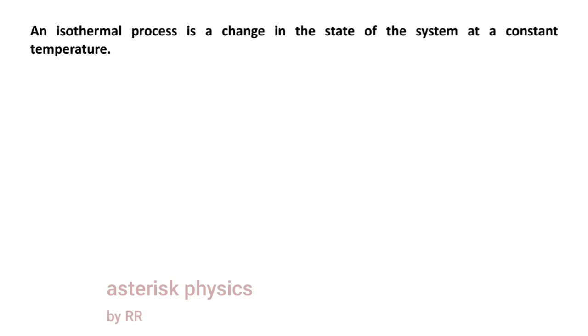First of all, let us discuss the isothermal process. An isothermal process is a change in the state of the system at a constant temperature. That is, when we take the system from its initial state to its final state, the temperature of the system is maintained constant.